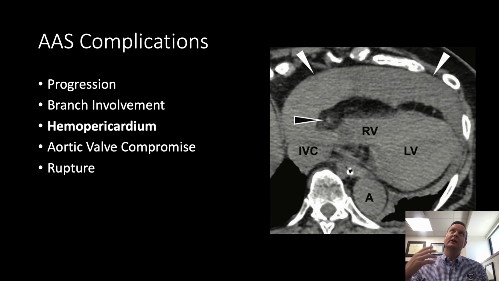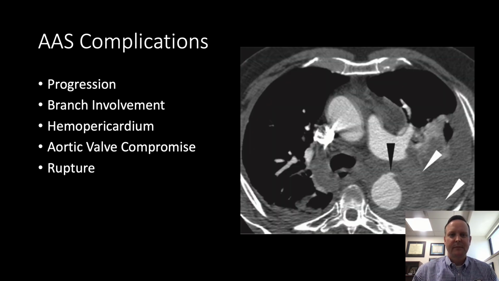It is a physiologic phenomenon to discuss pericardial tamponade, but you would want to raise concern for tamponade in this patient. Also, along with involvement of the aortic root, you can have compromise of the aortic valve.